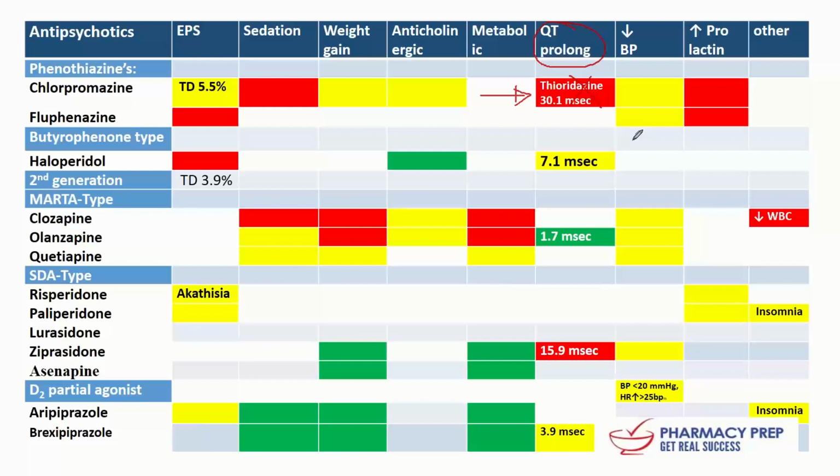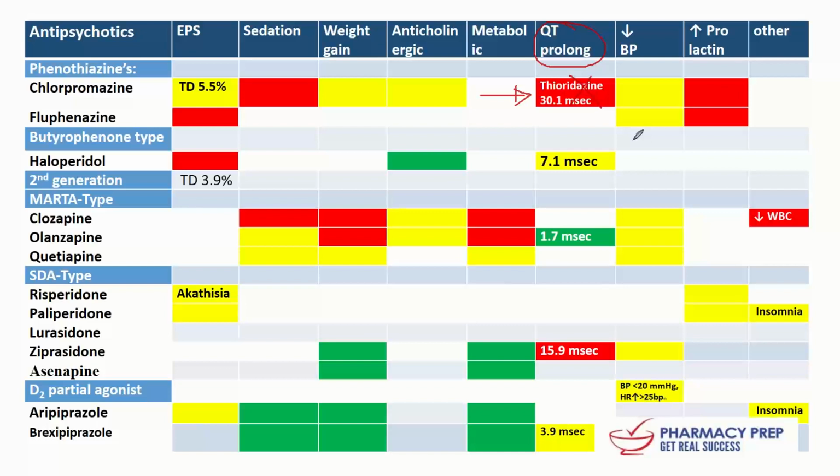They are known to have pretty high effects. Basically, QT prolongation is measured in milliseconds. Generally, 30 milliseconds is considered very high. If a person is experiencing more than 500 milliseconds, the drug has to be changed. That is the recommendation according to the QT interval prolongation guidelines.